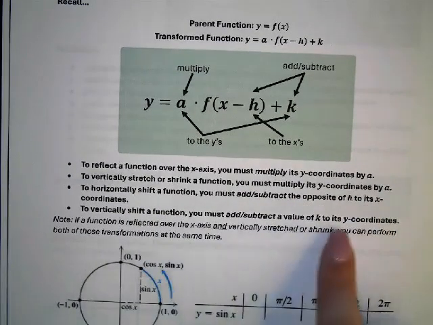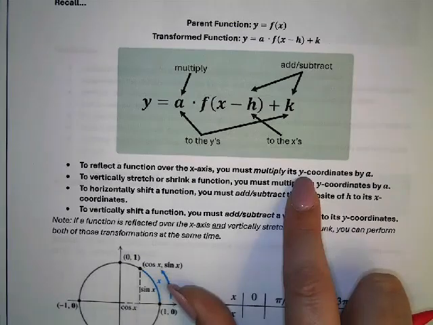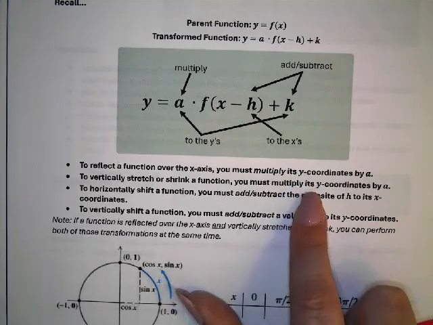We would shift a function up and down by adding and subtracting values to the y-coordinate. Stretch or compress a function by taking its y-coordinate and multiplying it by that coefficient, that a value. We would reflect a function across the x-axis by taking that y-coordinate and multiplying it by a -1.